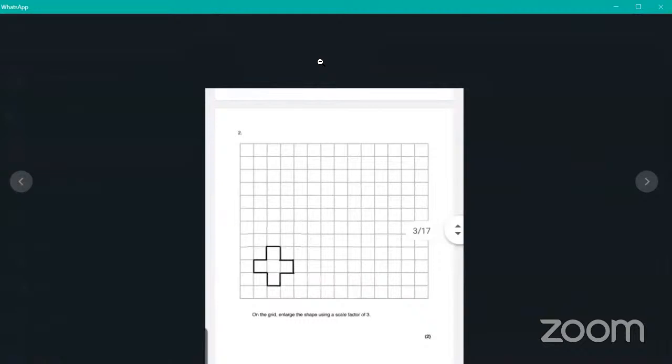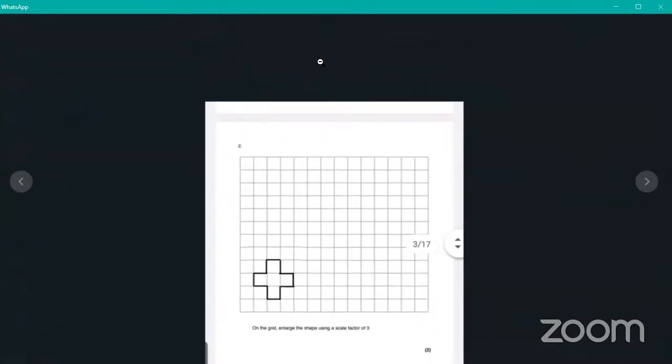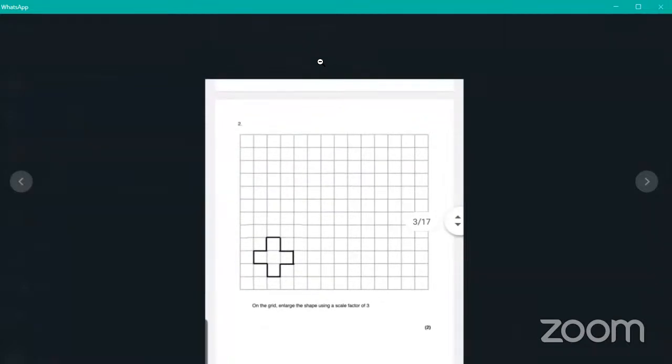Is that all right? I forgot my glasses. It's about... Is that a scale factor of 3 combination? Yeah.